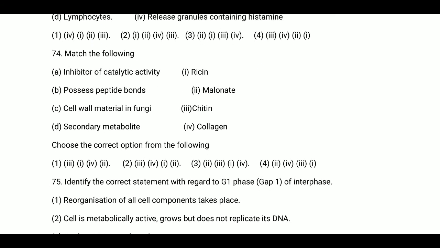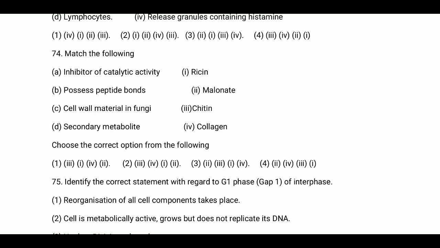Then match the following. Inhibiting catalytic activity, possess peptide bond, cell wall material in fungi, secondary metabolite. Ricin, malonate, chitin, collagen. Again you have to choose the correct options out of these.